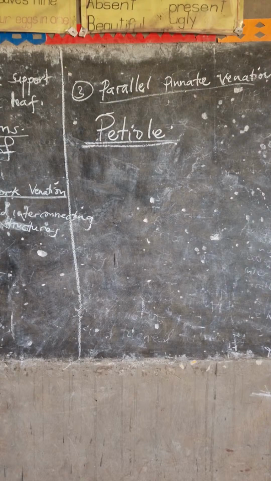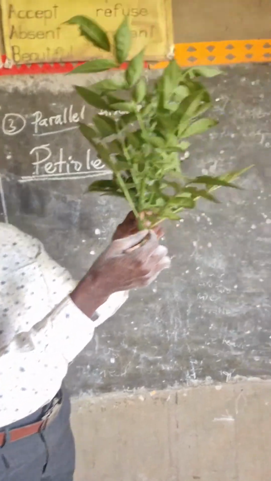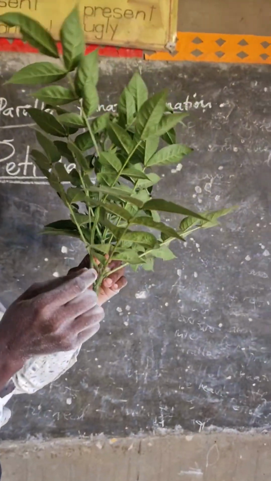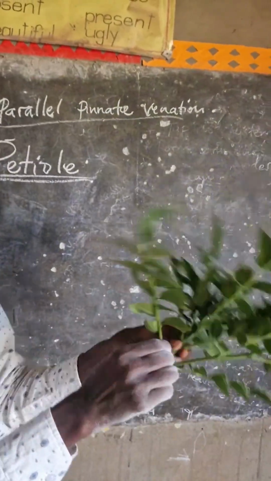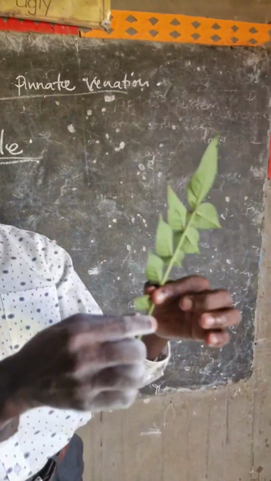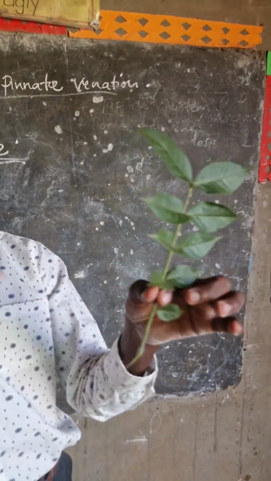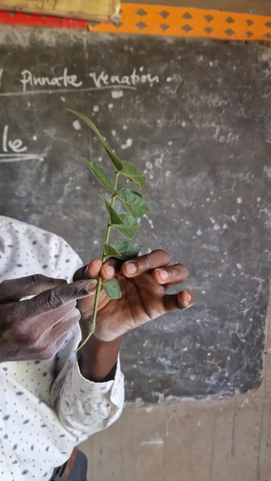Let me bring it and show it. This is the leaf petiole, or the leaf stalk. When we break it from the leaf like this, when we detach it from the stem, this becomes the petiole. It is the space between the leaf base and the leaf blade.